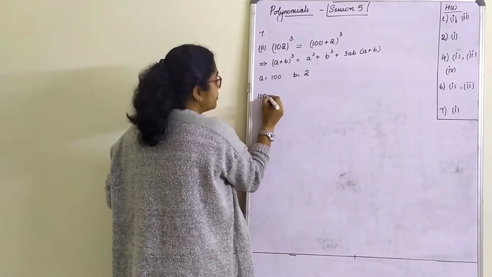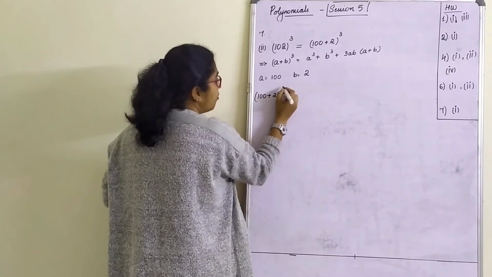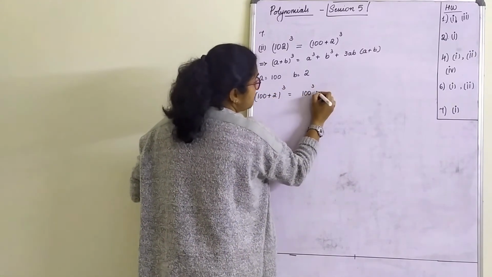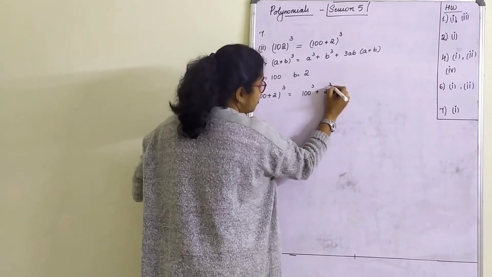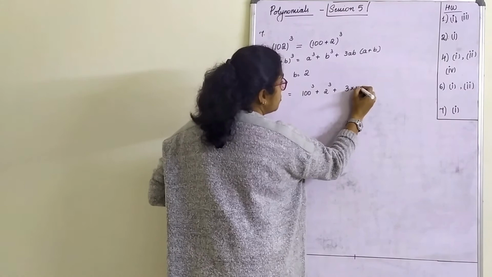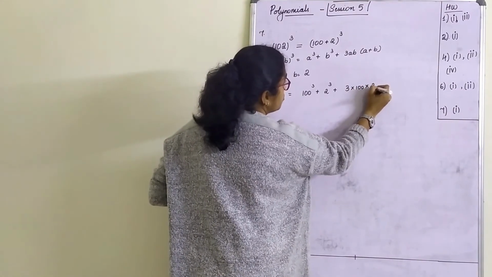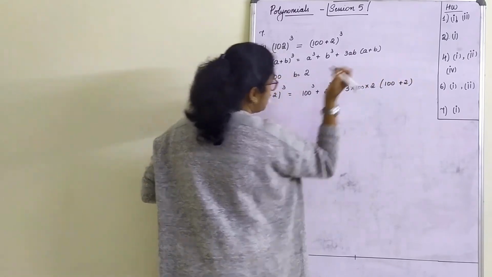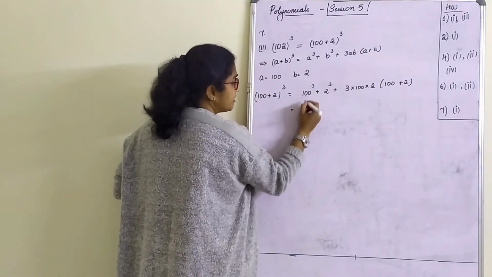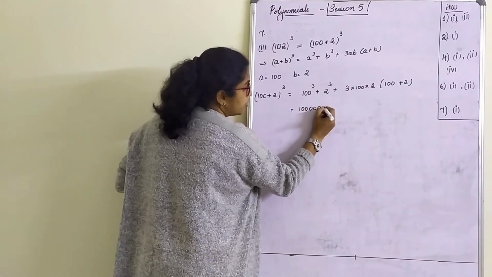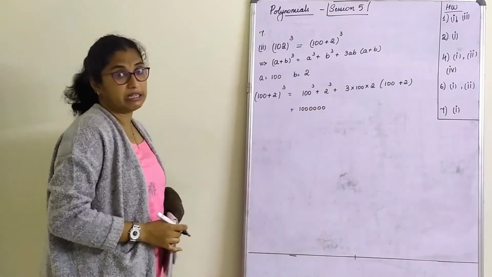So (100 plus 2) whole cube is equal to 100 cube plus 2 cube plus 3ab, 3 into 100 into 2 of (100 plus 2). Right? 100 cube: first write 100, 2 more zeros, 2 more zeros. So 3 times when you multiply this, what answer do you get?